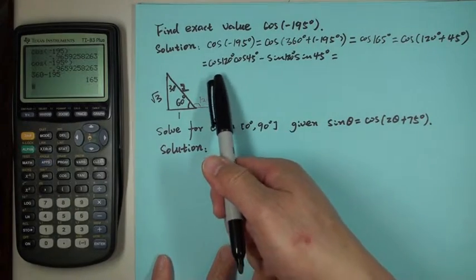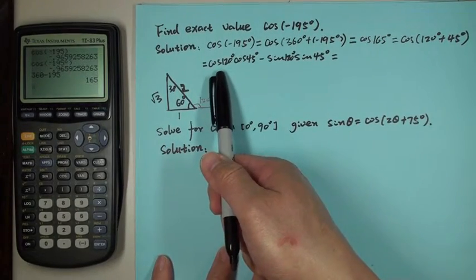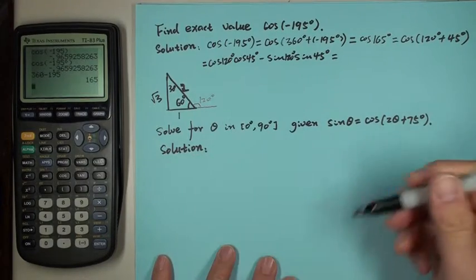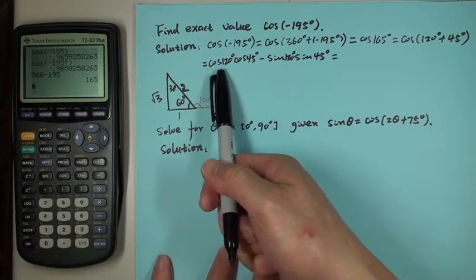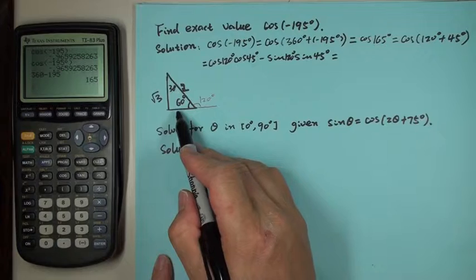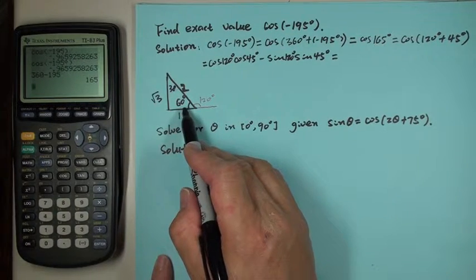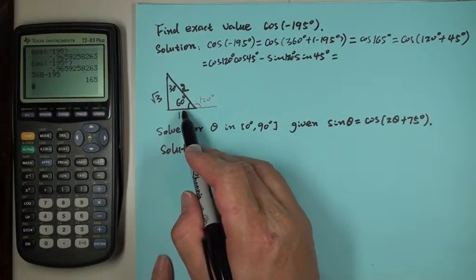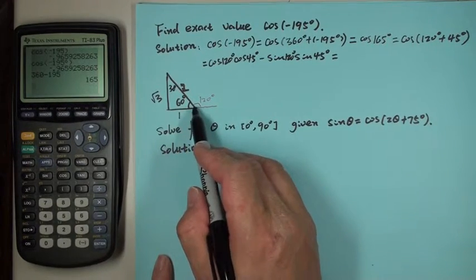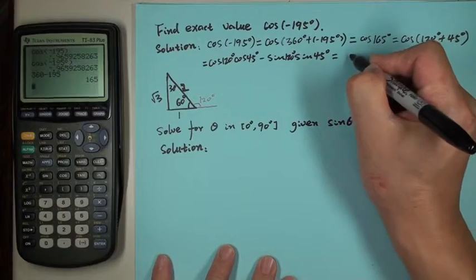So then you can recall the value for cosine 120 degrees. You may consider the reference angle 60 degrees, that's 1 over 2.